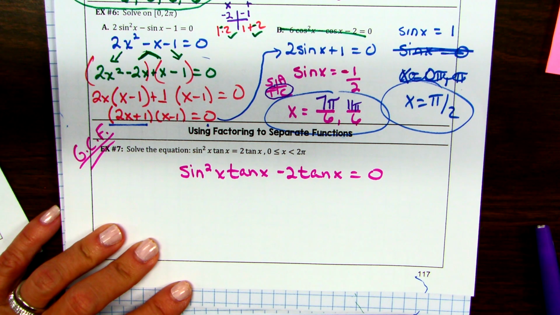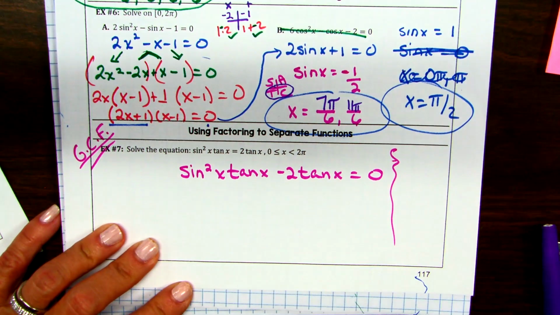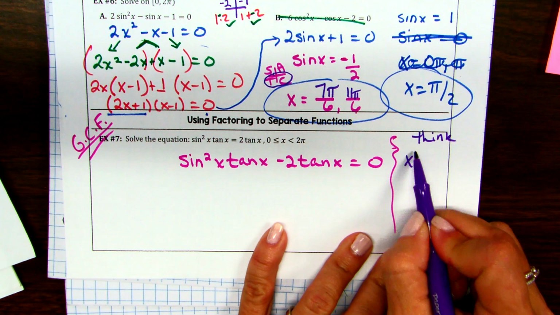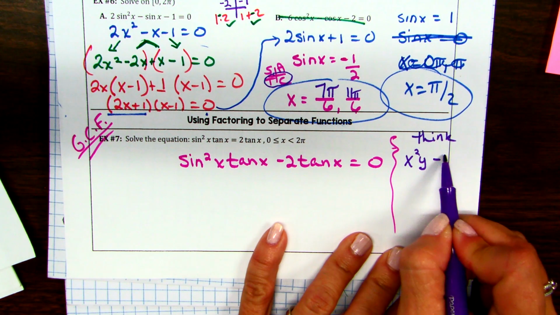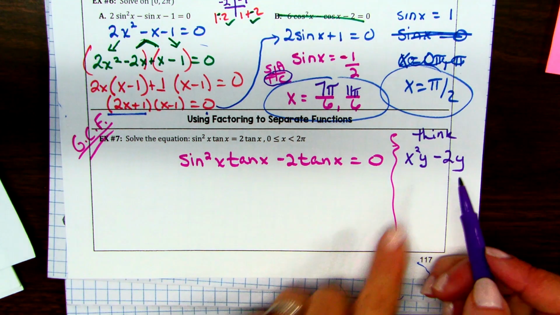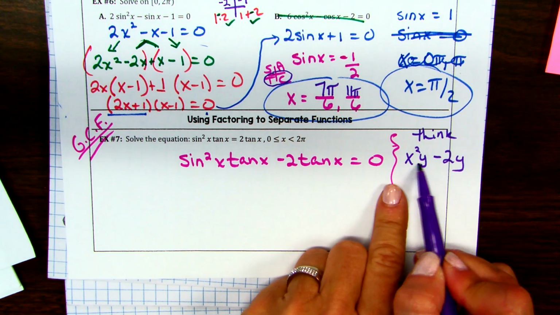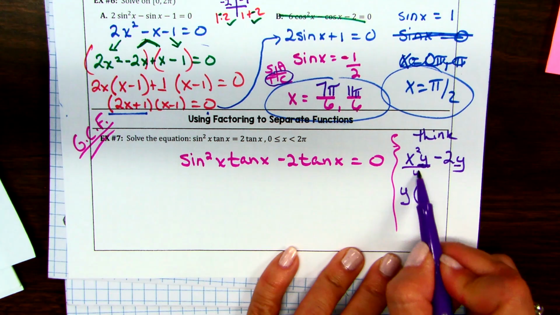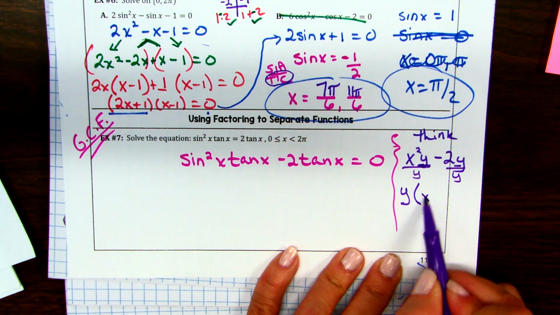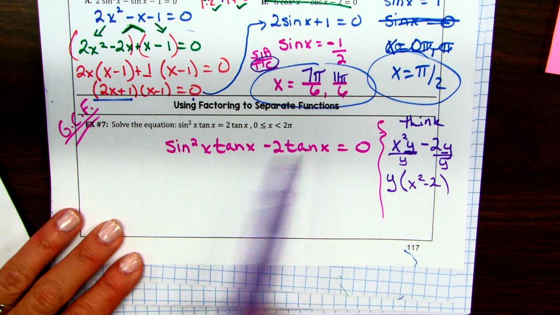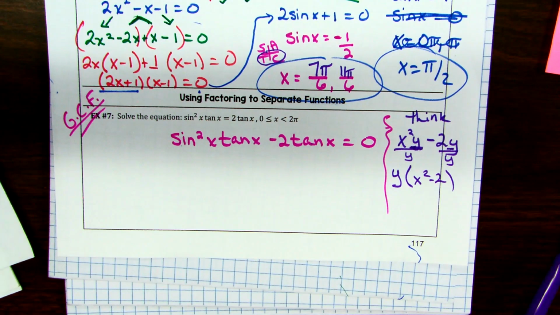And guys, I want you to think of this. Let me compare it to algebra. If I gave you x squared y minus 2y, and I said factor it, you'd go, oh, this is a binomial, right? 1, 2. They have a y in common. If I take a y out, what's left over? You're just dividing this by y, dividing this by y. You'd have x squared minus 2. It's the same idea. What do these 2 have in common? Tan.